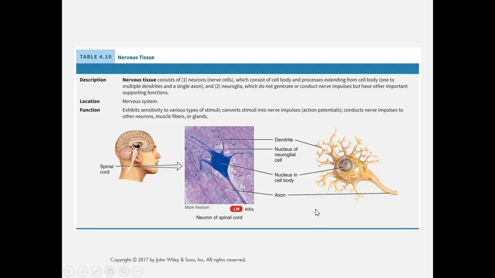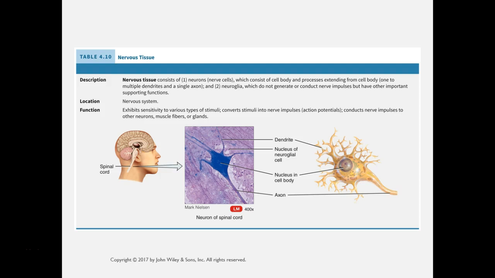So if an action potential or a nerve impulse is going to occur, once that stimulus is received from the dendrite and processed in the cell body, then that action potential or nerve impulse will travel down the axon to the next cell, which is then going to be stimulated to do something. The neuroglial cells don't have that same job. They don't receive or conduct nerve impulses, but they support the neurons.